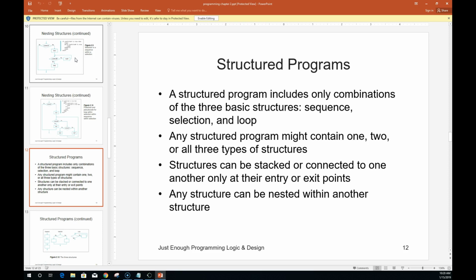The program we wrote to figure out net pay is a structured program. It doesn't violate any of the rules. Did it have any loops in it? Did it have any selections in it? It was just a set of sequences, right? One set of sequences. It's by definition then a structured program.